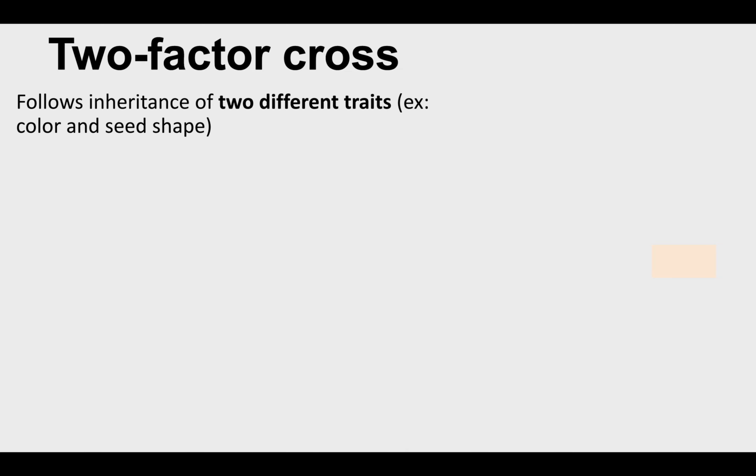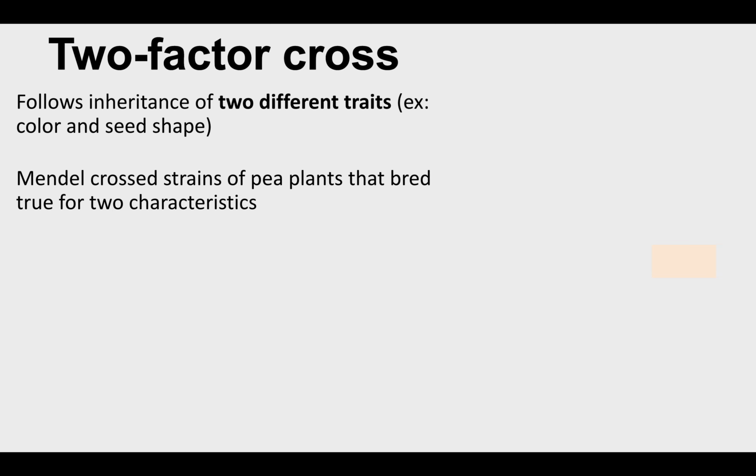So in a two-factor cross, we are following two different traits at the same time. Mendel did this for his pea plants. He would choose two traits, make sure he had true breeding pairs for those two traits, and then do a two-factor cross and follow what the results were in the offspring.